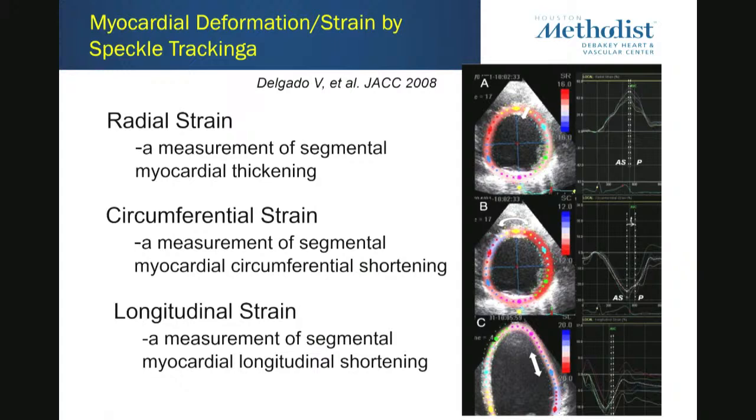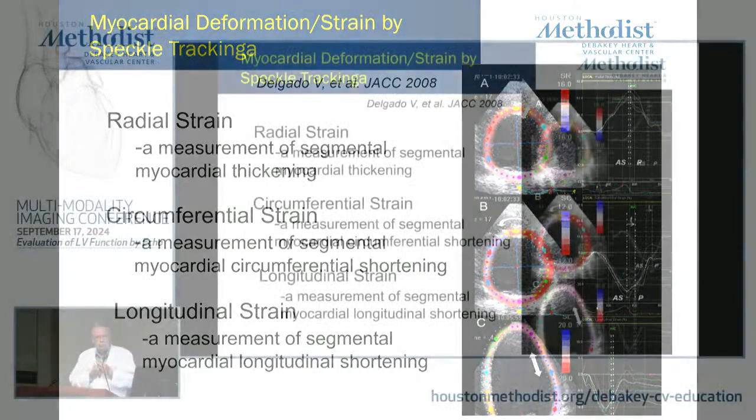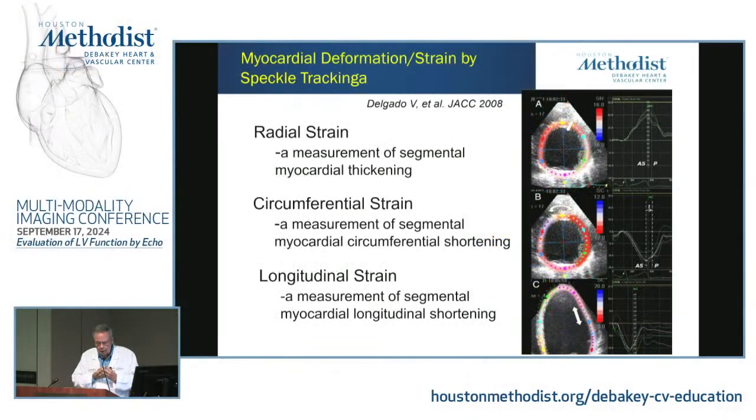Now, it turns out, when you look at the way the heart myocardial fibers are set up in that beautiful spiral way that has been shown so nicely in multiple other lectures, and this torsion phenomenon of the heart that has been very nicely demonstrated, it turns out that even with LV dysfunction, circumferential contraction is preserved.